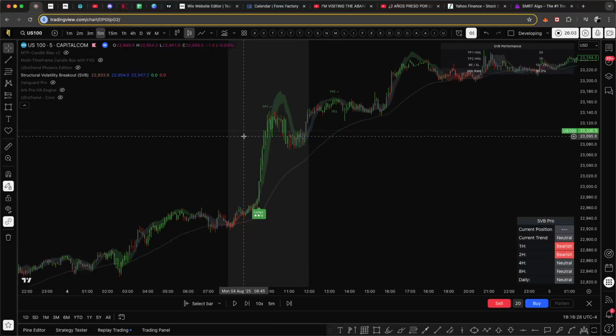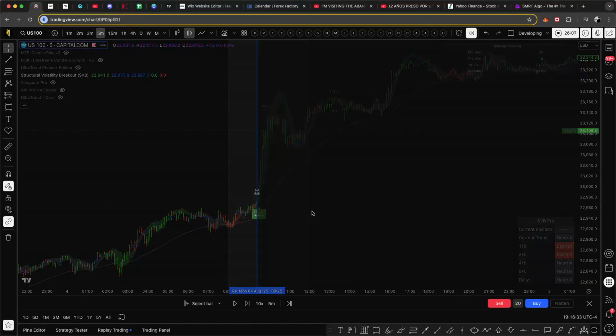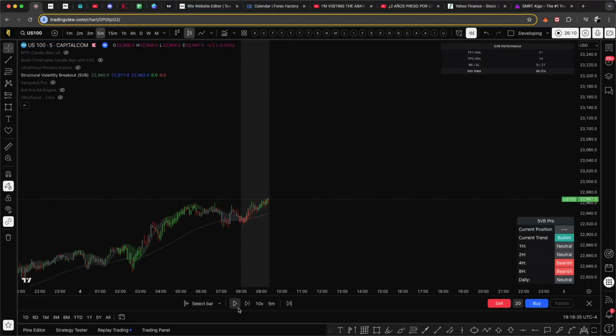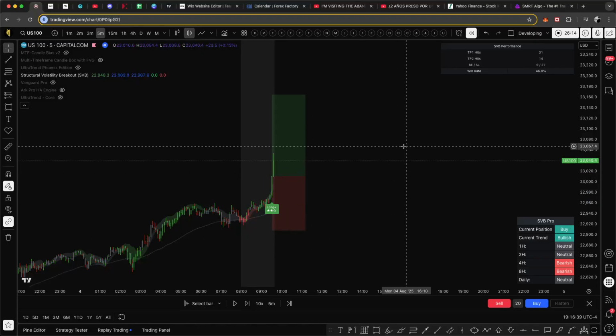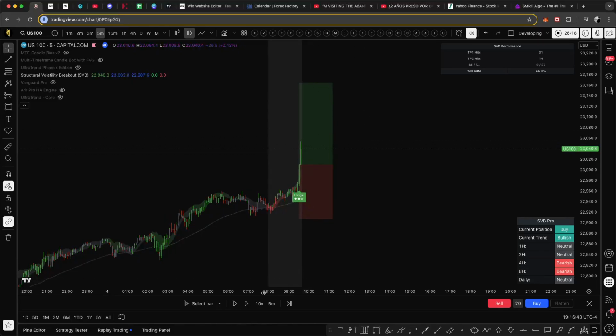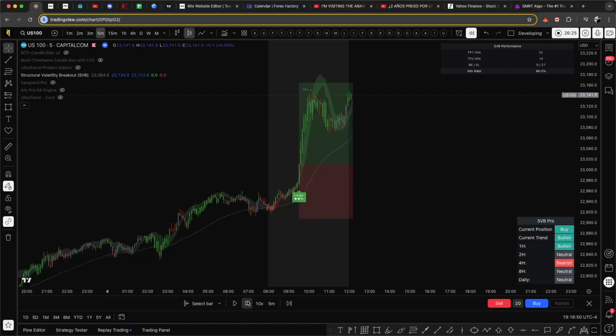Monday, we did not have any news. Skyrocket. This would have been a nice win right there. By the time the signal gets printed, see, this was a 2-star, and right there, pretty quick. See if it pulls back.